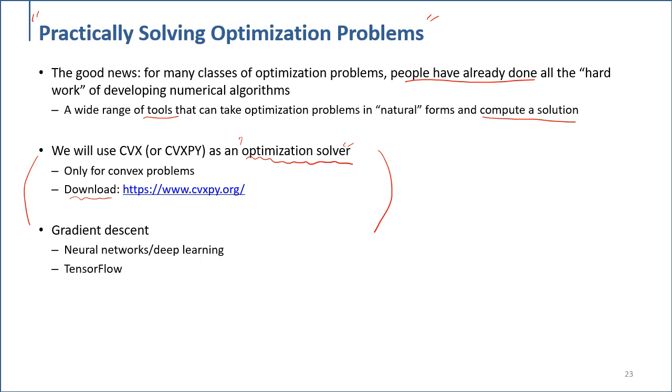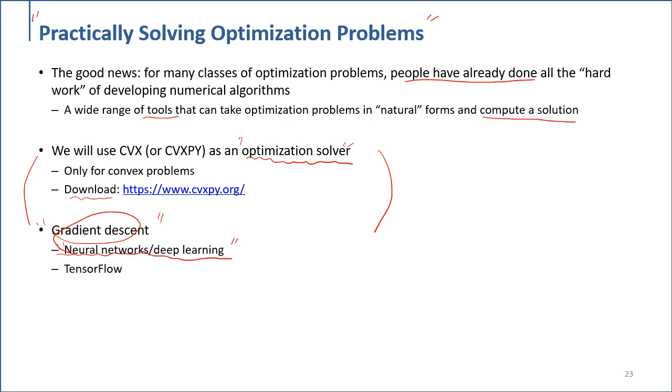And as I mentioned briefly earlier, gradient descent will keep being used for neural networks and deep learning, so gradient descent would be the key concept for learning artificial intelligence.